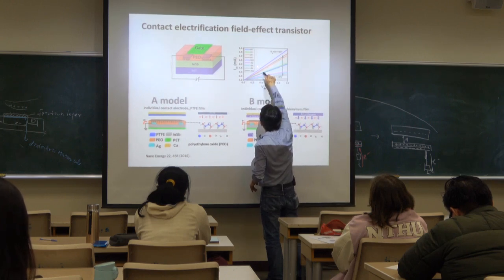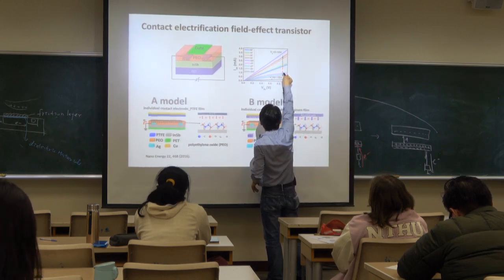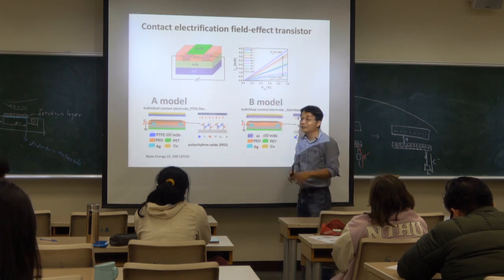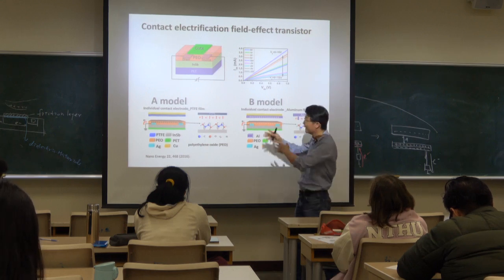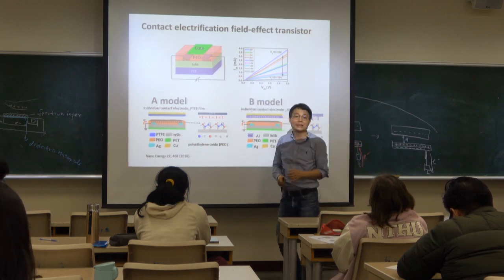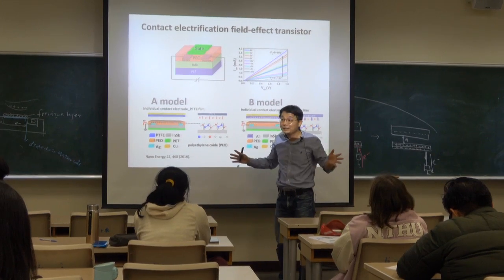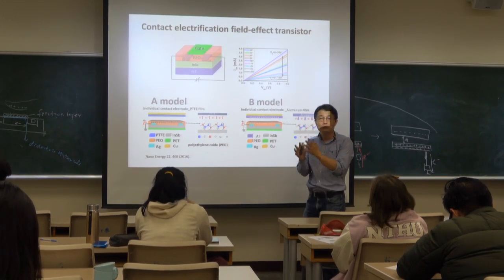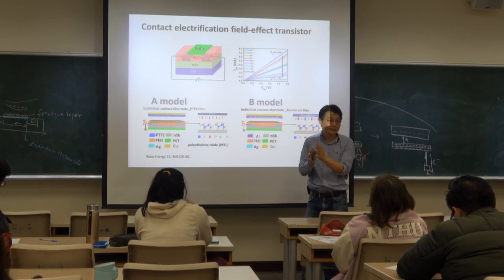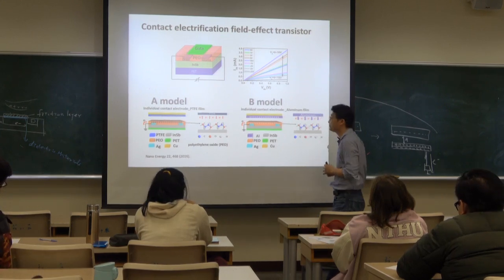Once I apply negative bias, IDS is reduced. So this is N-type behavior. If this trend is opposite, then this semiconductor is P-type. This is very common, very general. This behavior just justifies that my device is N-type.